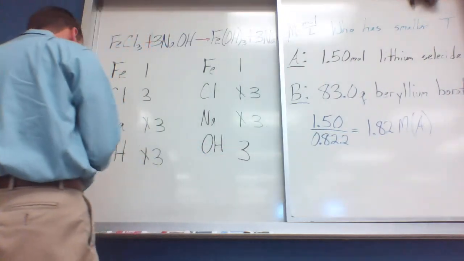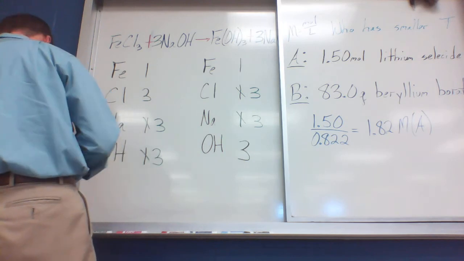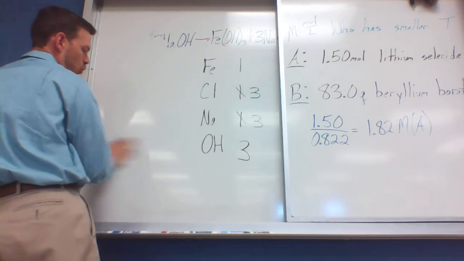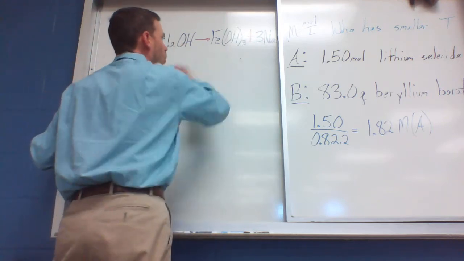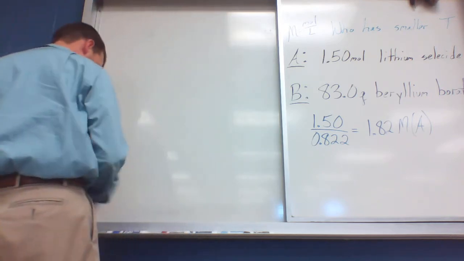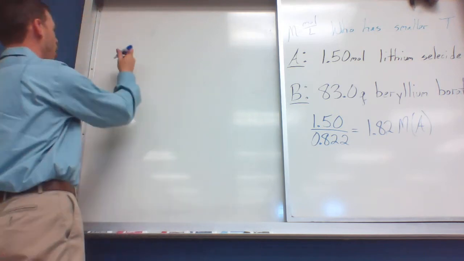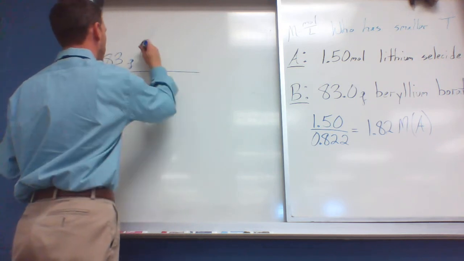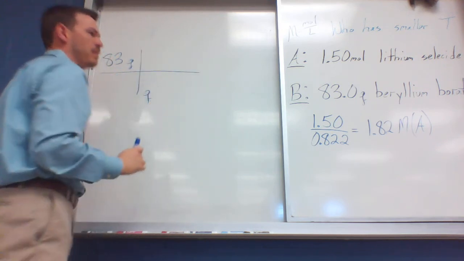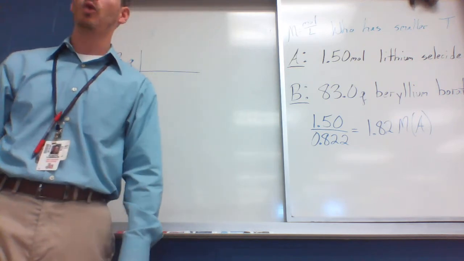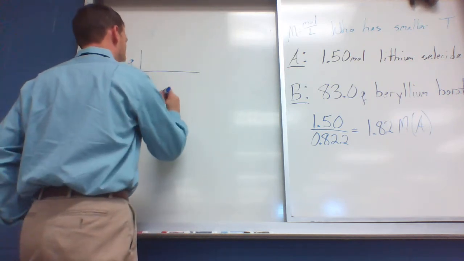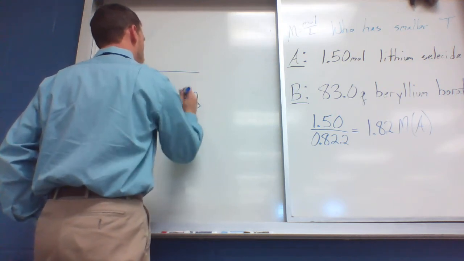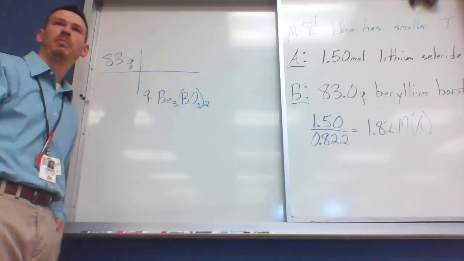Well, B requires more work. For B, it gives us grams, and that's not okay. So we need to go to moles, but we know how to do that. I can go 83 grams, and we need to go to grams of beryllium borate. I hope you built it correctly, because it's Be3(BO3)2, which is beryllium borate.